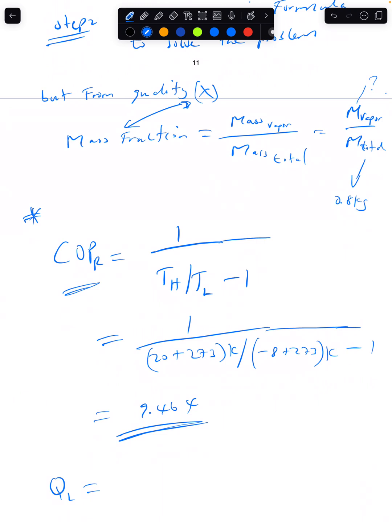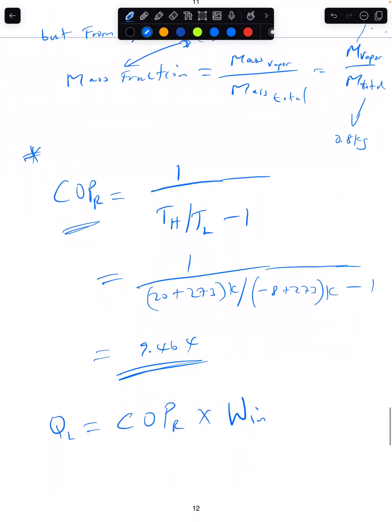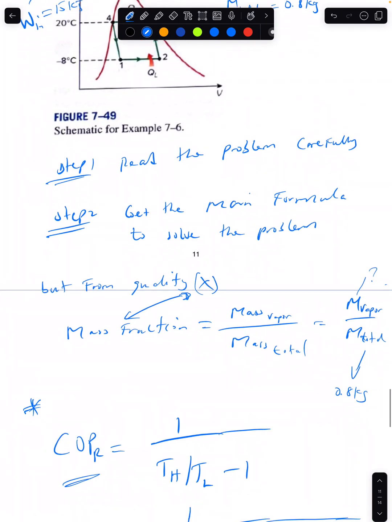So the heat for the system in this case will be the coefficient of performance times the work into the system.